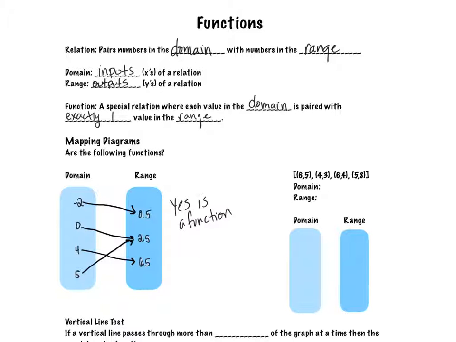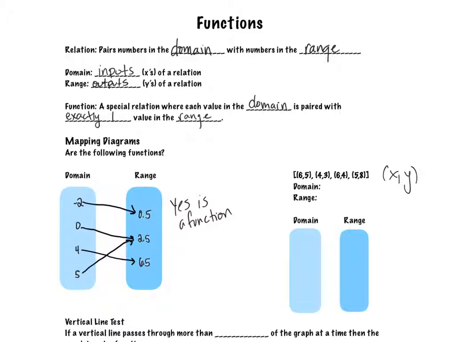Other times, more like the second example, it'll give you a set of points and want to know if that set of points were graphed and a line was made, would it be a function? What's important is to look at this and say, what is my domain and range in each of these points? Remember, points go x, y.